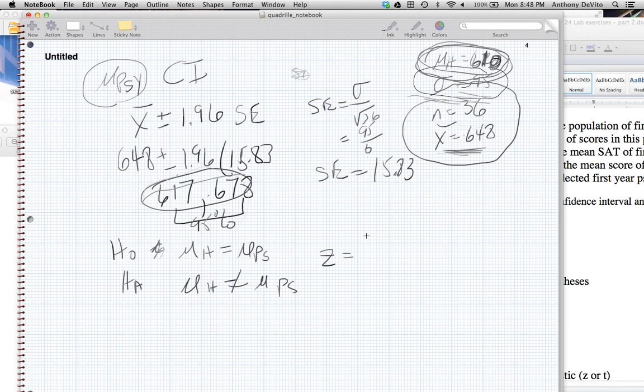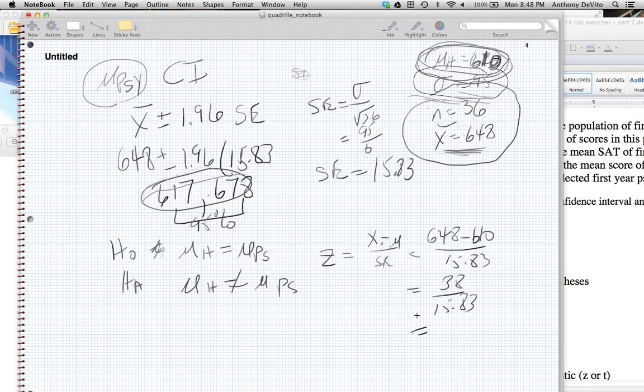And z is equal to x bar minus mu over the standard error, which in our case is 648 minus 610 over the standard error, which is 15.83. So that's equal to 38 over 15.83.